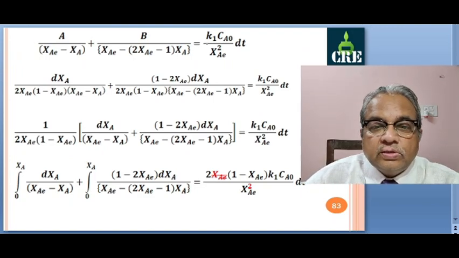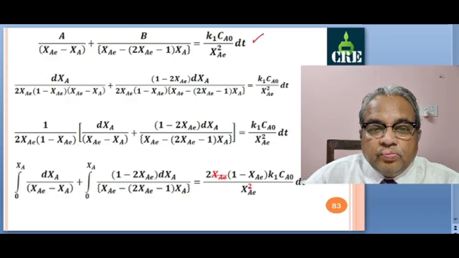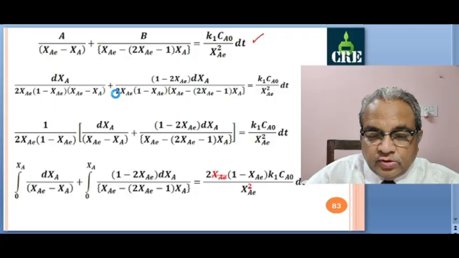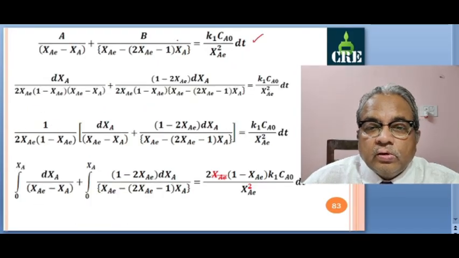So we have these fractions, we have reproduced them from earlier. Now we can write it as dXA. A is 1 by 2XAe into (1 minus XAe). B by this bracket we have retained, and B is equal to (1 minus 2XAe) by 2XAe into (1 minus XAe). This term is equal to k1 CA0 XAe squared into dt.